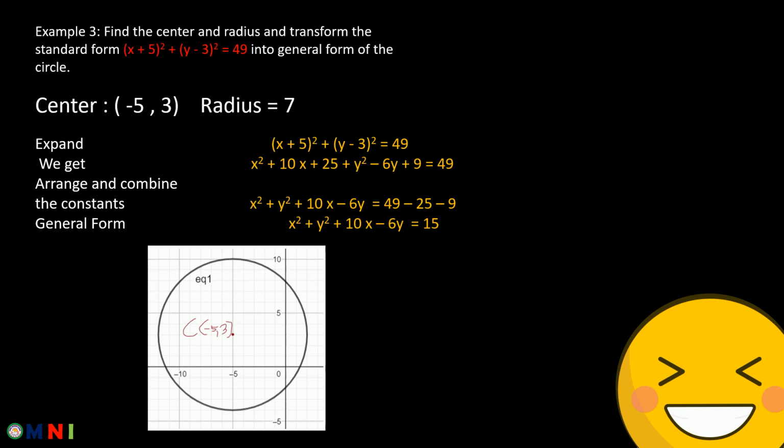Since it's not a perfect square, so let the radius be square root of... no, the radius is not the square root of 15, because this is the general form. To get the radius, we change it to go back to this center-radius form.